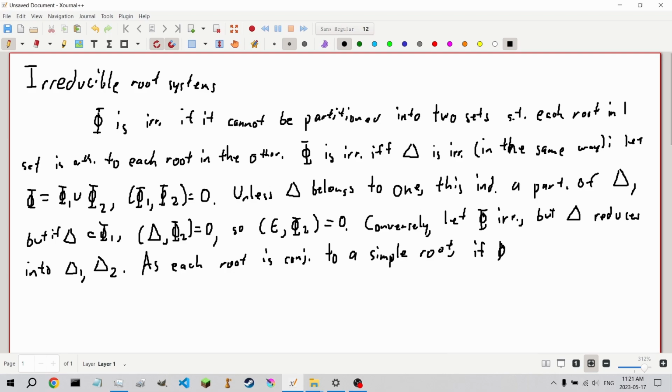if phi i is the set of roots with a conjugate in delta i, then phi is the union of phi 1 and phi 2.